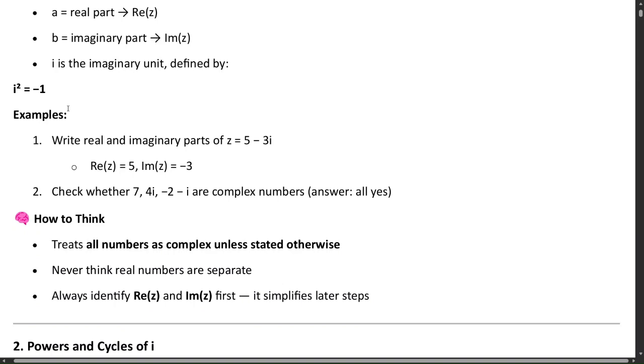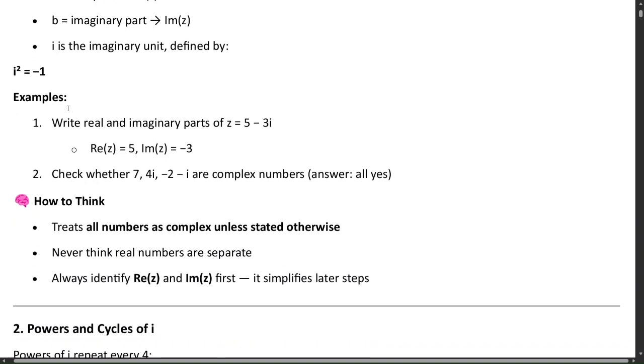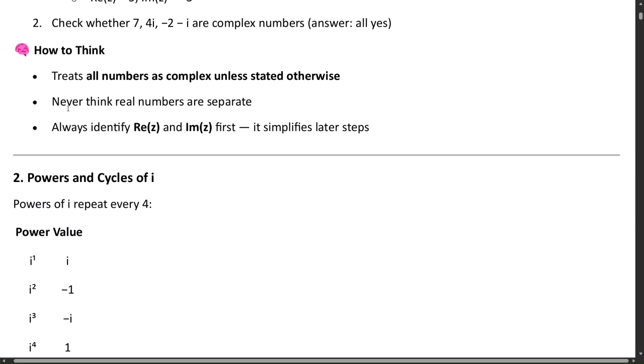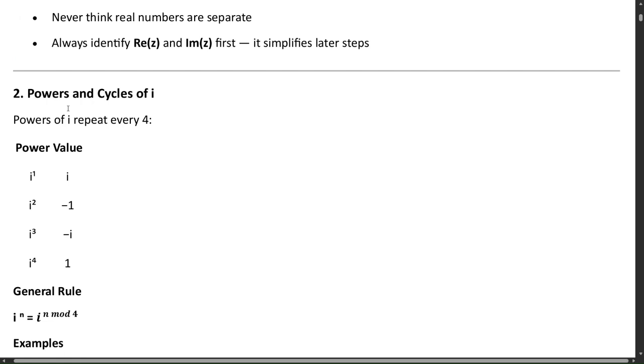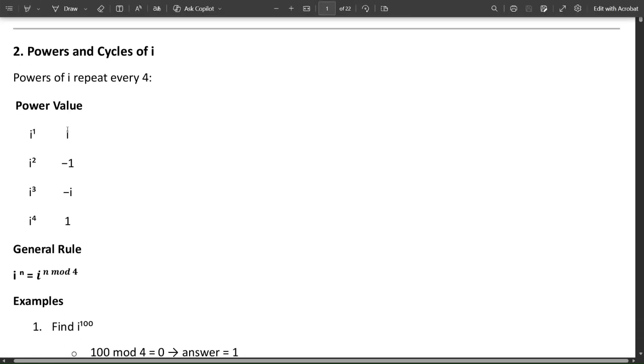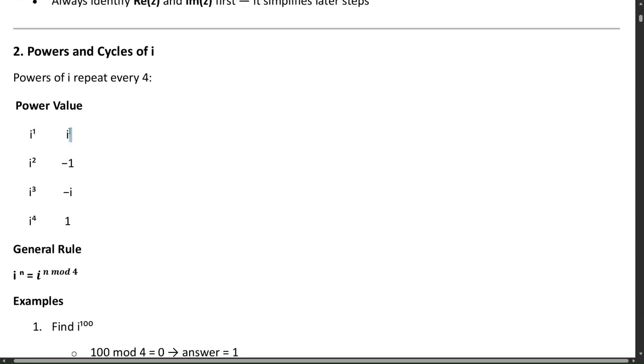Now, we look at one of the most important ideas, which is powers of i. They repeat every four terms. i raised to 1 is i, i raised to 2 is minus 1, i raised to 3 is minus i, and i raised to 4 is 1.